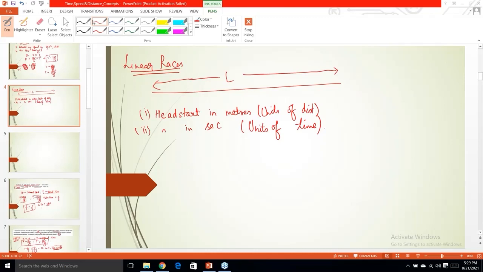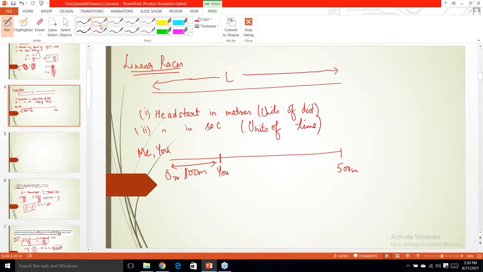If this is 500 meters and this is 0 meters, and this is me and this is you, and I give you a head start of 100 meters, you will start from here, which is 100 meters. Do you understand what head start means in units of distance?